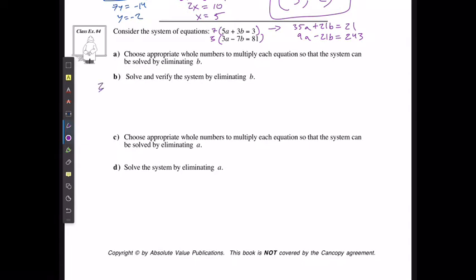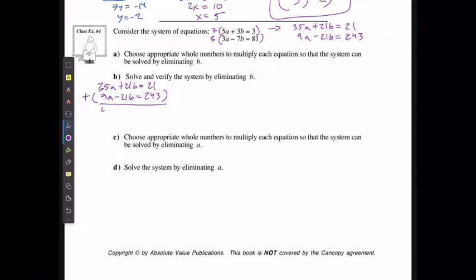If 35a plus 21b is equal to 21, and 9a minus 21b is equal to 243, then in order to cancel it out, I'm going to have to add them together because the b's have opposite signs.